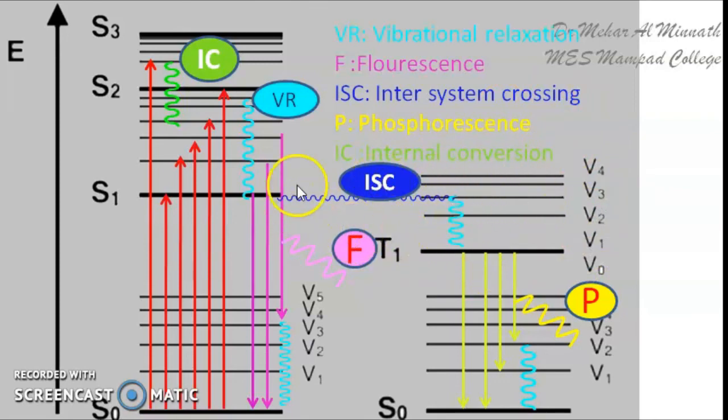So first intersystem crossing has to happen. The molecule or the electron has to go to the triplet state, and it is from here that the chemical reactions take place, because over here the time span of the electron is more, since the energy of the triplet state is less than that of the singlet state, because of the exchange energy. We shall be discussing everything in detail in the coming videos.